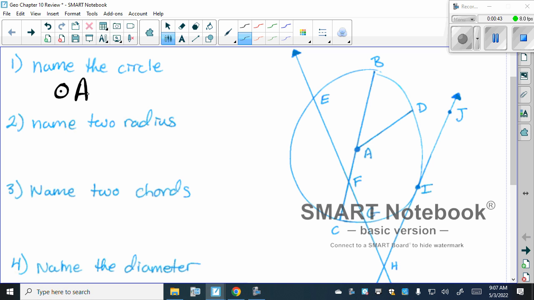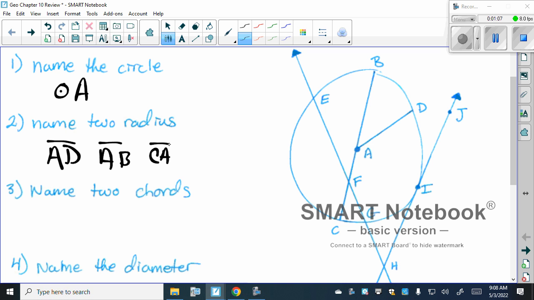Name two radius, or radii is what it should be, which is any line from the center of the circle to a point on the circle. So AD would be 1, or AB, CA or AC would be 1 as well. So there's actually 3 here.